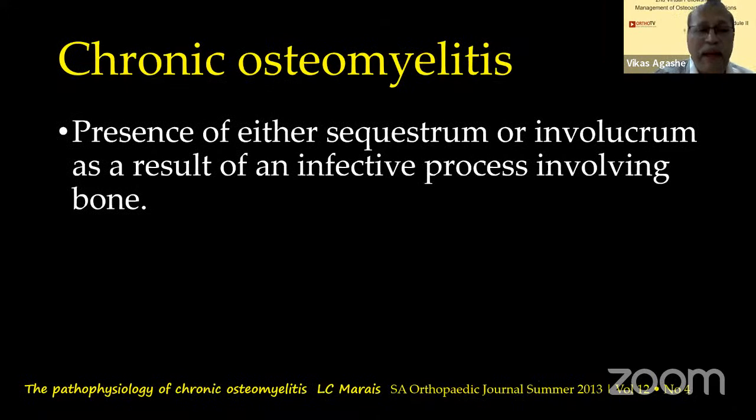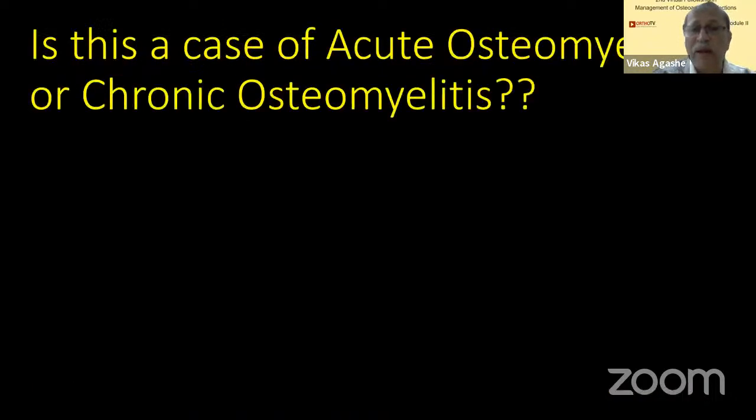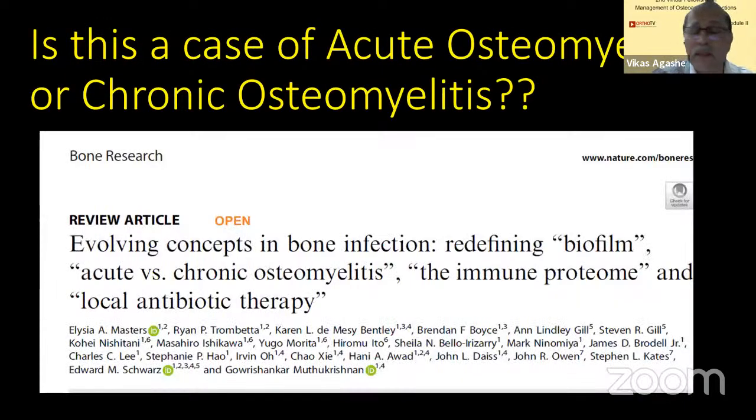While chronic osteomyelitis is the presence of either sequestrum or involucrum as a result of the infective process involving bone. We have been discussing this for ages. So in our question, we always think whether I am seeing a case of osteomyelitis, and whether it is acute or chronic osteomyelitis.